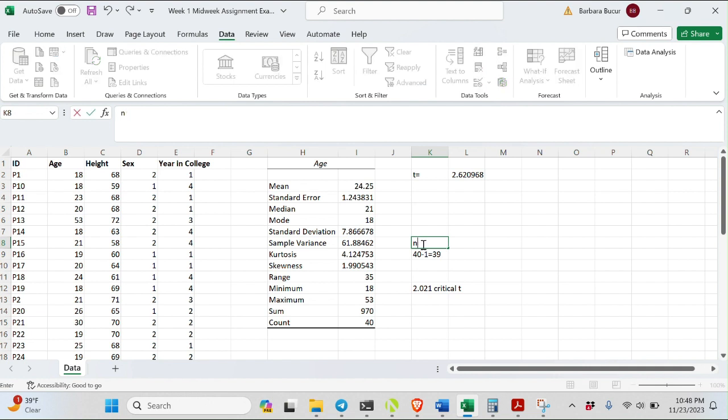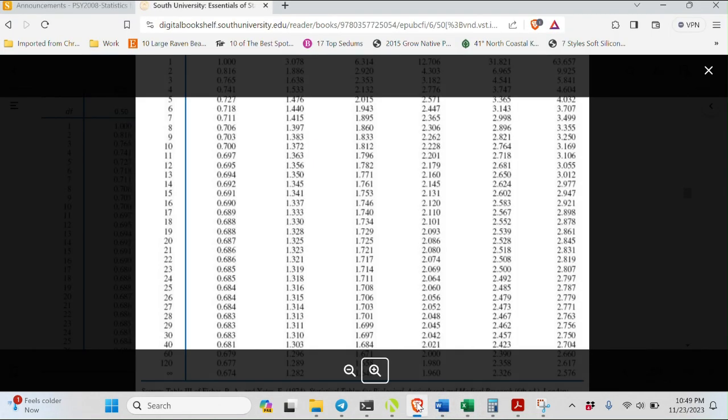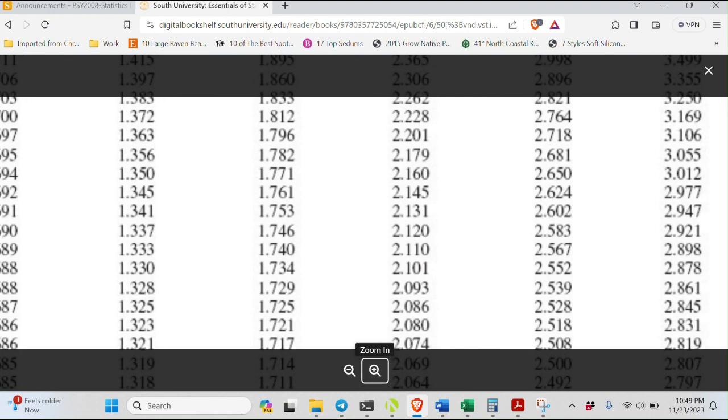I should have typed n minus 1. n is the number of people in the study, and that's 40 minus 1, which is 39. Then you go to the table like I did, knowing degrees of freedom are 39, knowing p equals 0.05, and knowing it's a two-tailed test, and you look for it the way I described.